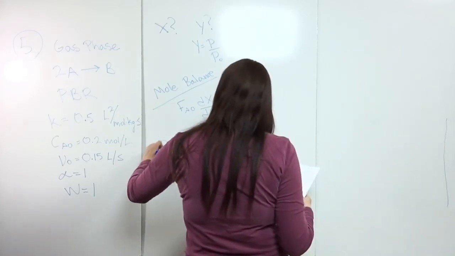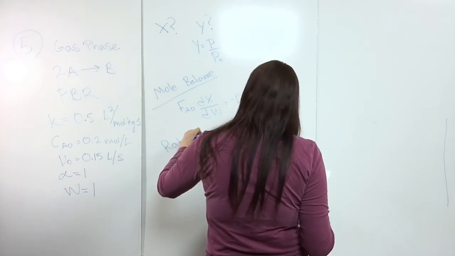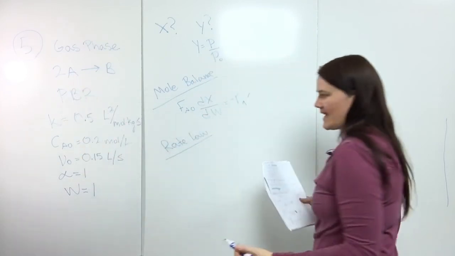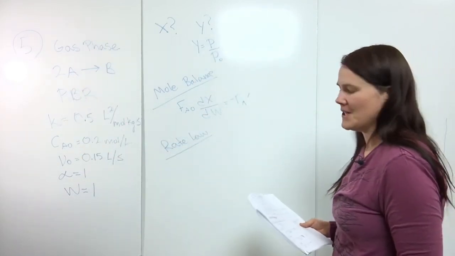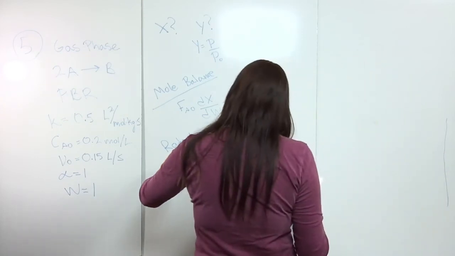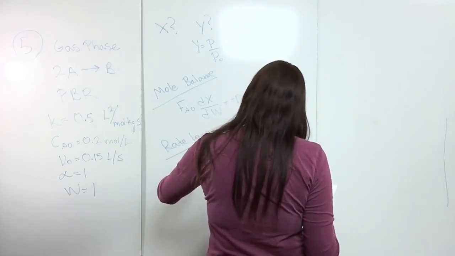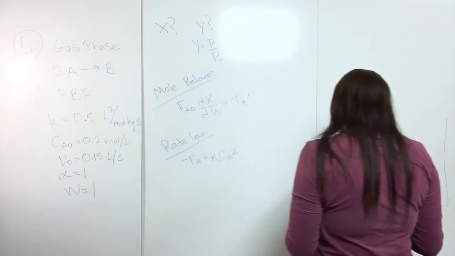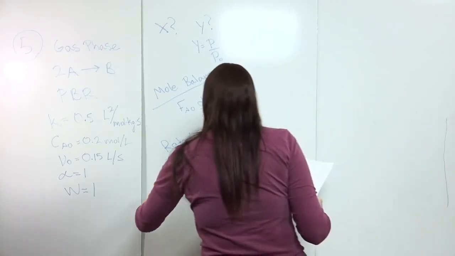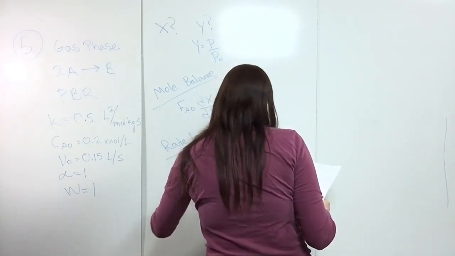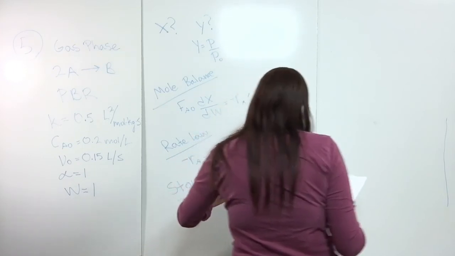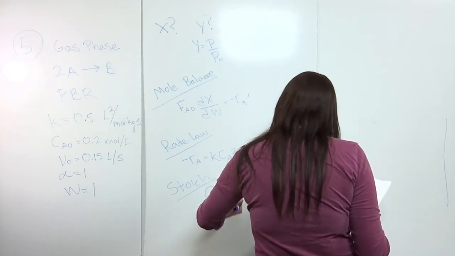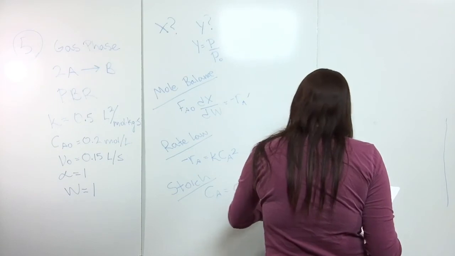And then we do our rate law. It didn't say much about the rate law in the problem statement, so I'm just going to assume it's elementary. So I'm going to say minus rA is equal to k CA squared, because it's 2A to B. And then the stoichiometry is CA is equal to CA naught (1 minus X) over (1 plus epsilon X) times Y.